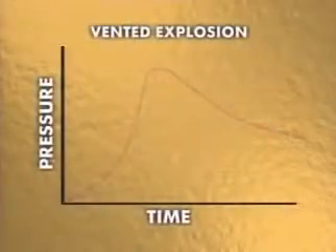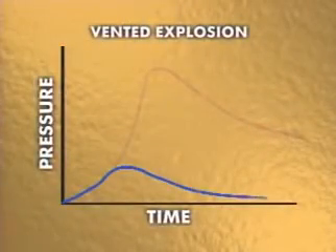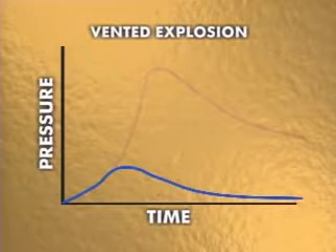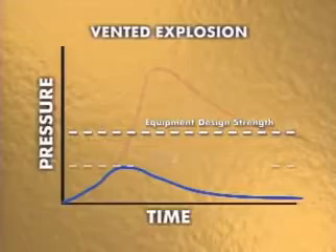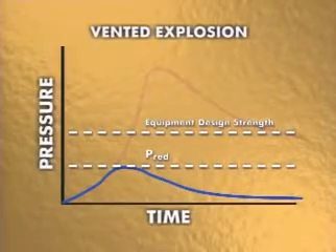During venting, the maximum pressure of the explosion is reduced to a safe level, below the equipment design strength. The resulting vented pressure is known as P reduced. Explosion venting does not mitigate the effects of heat and flame attendant to explosions, nor the effects of ensuing fires.